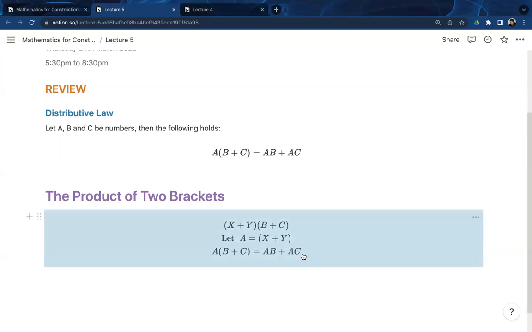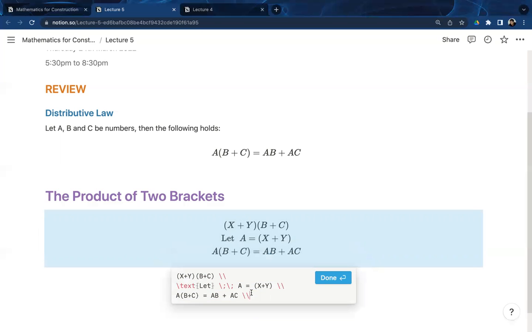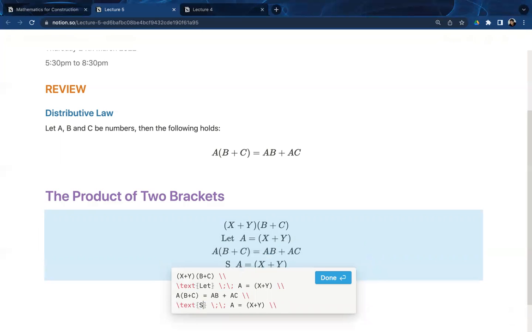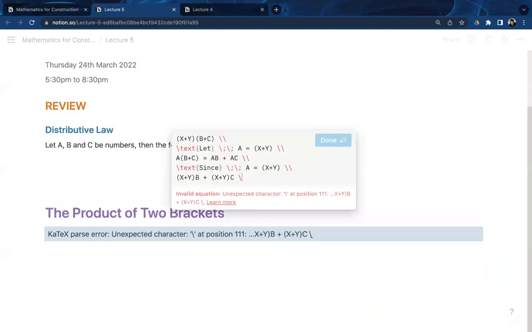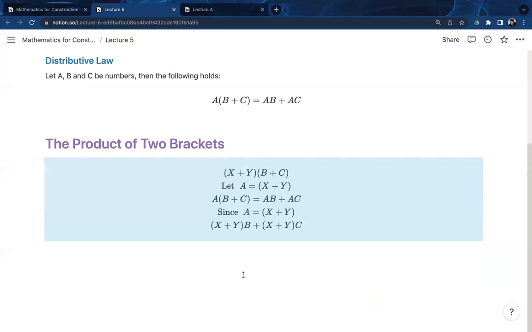Now we have to substitute for a. So since a is equal to x plus y, we'll get this expression here. Wherever you see a, you put x plus y. So I'm making a substitution.